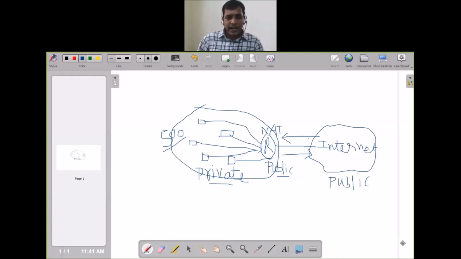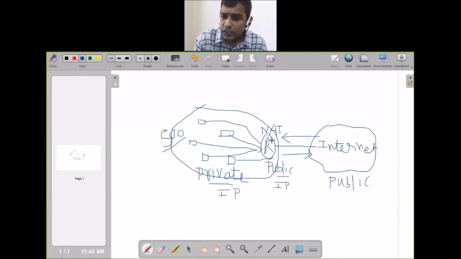I think everyone understood the concept of NAT. Note the point that the original private IP will be replaced by a public IP if you are using NAT.